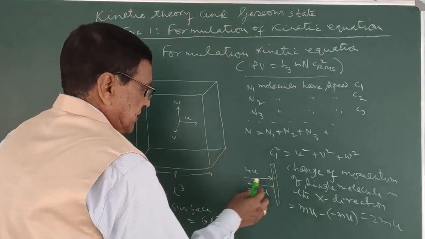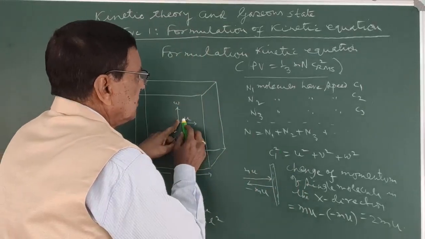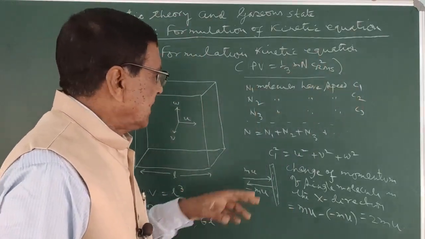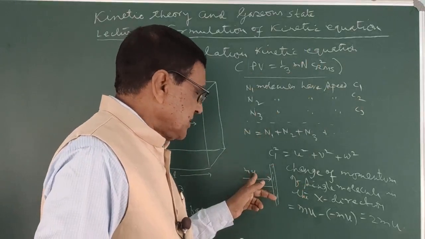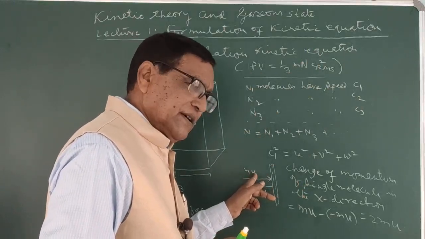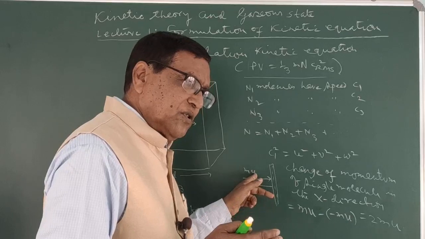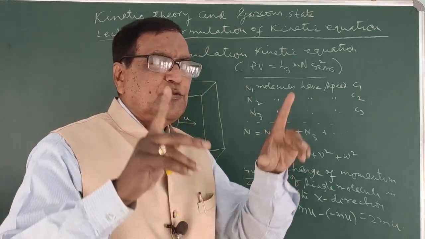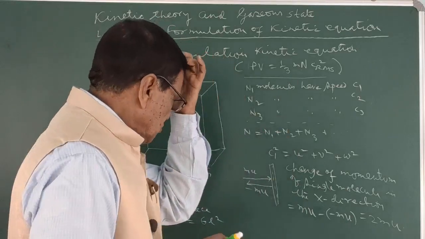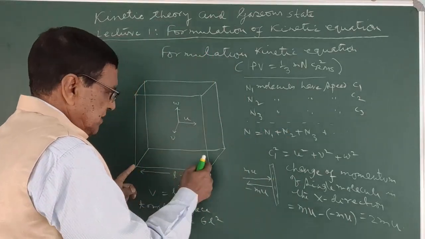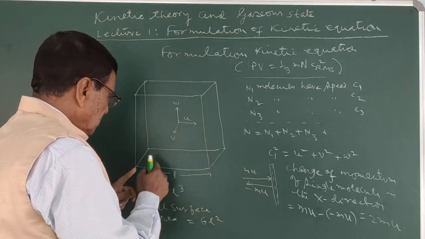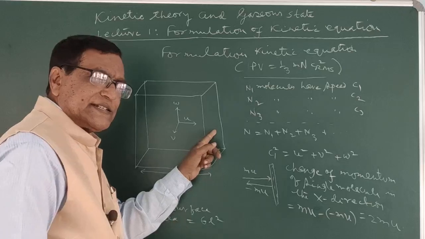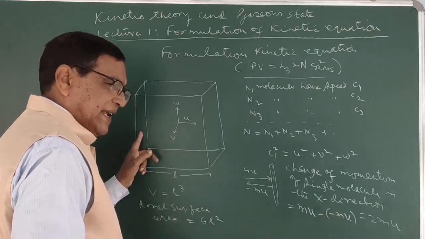The velocity of this single molecule is C1, or you can say u is the velocity of this molecule in the x direction in unit time, in 1 second. Whenever this molecule covers this L distance, there becomes one collision. Then again coming here, another collision.